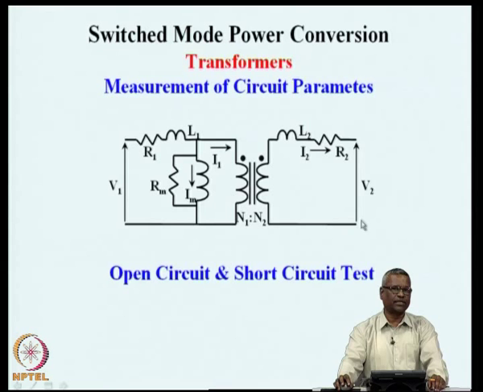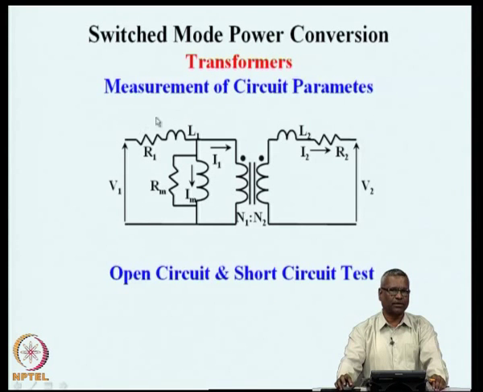If you short circuit the secondary and apply a small voltage and pass rated current and measure the power that is given to the transformer, and in a similar way open circuit the secondary, give the rated voltage to the primary, find out what is the current drawn and power supplied to the primary side, it is possible to separate all these quantities, and resistance of the primary and secondary can be measured with the appropriate DC voltage and DC current method.